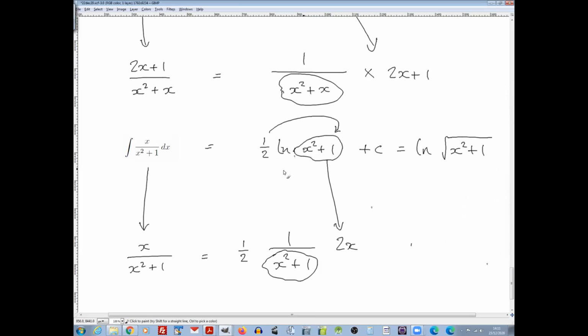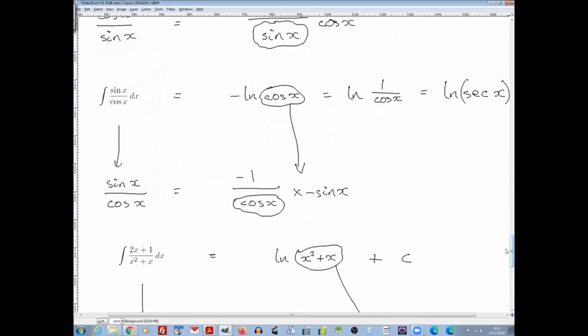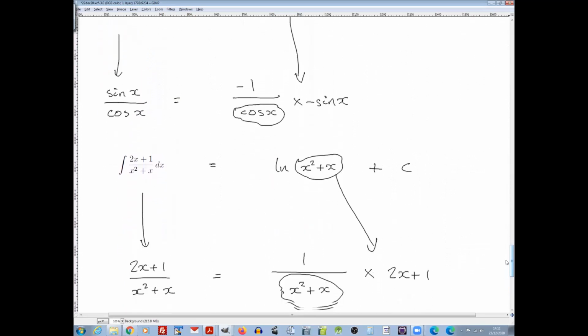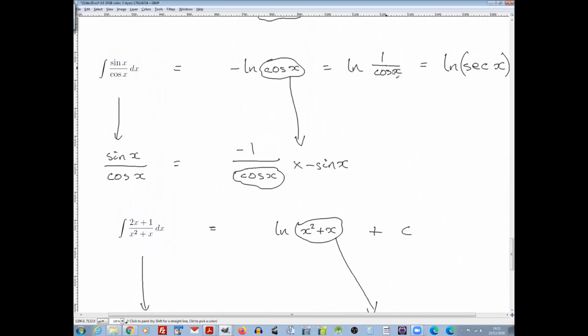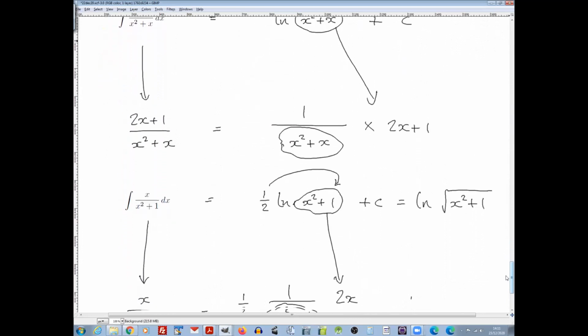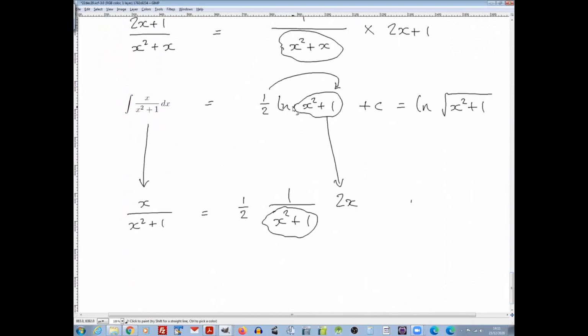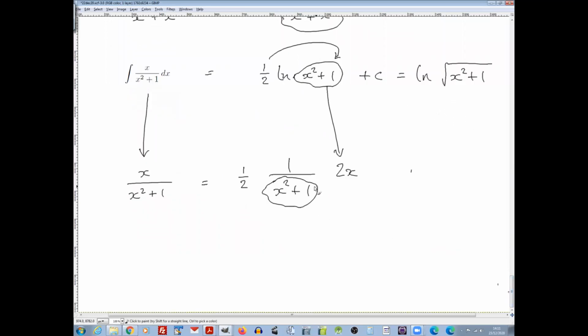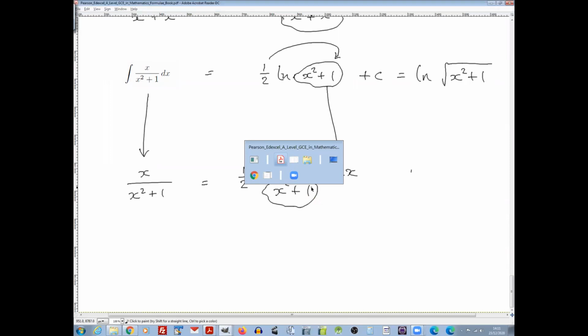Just mentioning, by the way, because we'd expressed a negative log as log of reciprocal, it is the same rule, really, by which we can say half a log is log of that half power. Right, okay. I think I understand. Have one more?